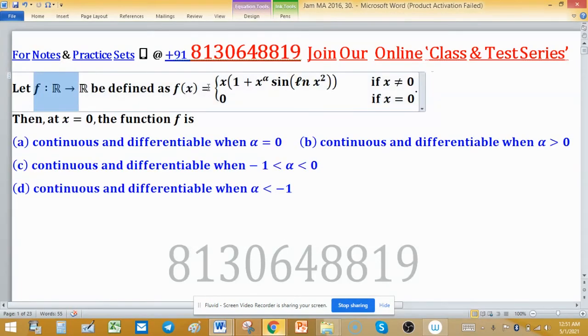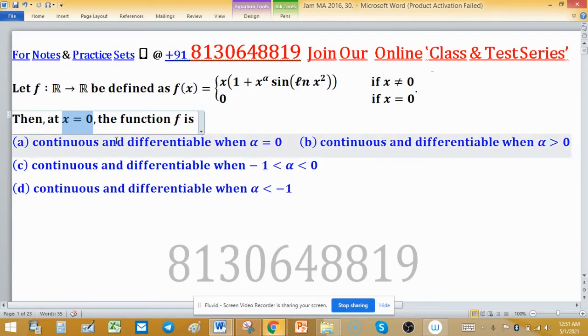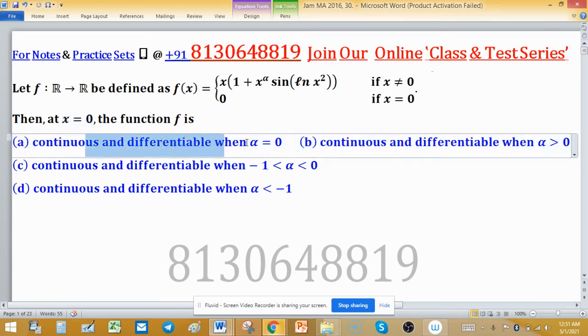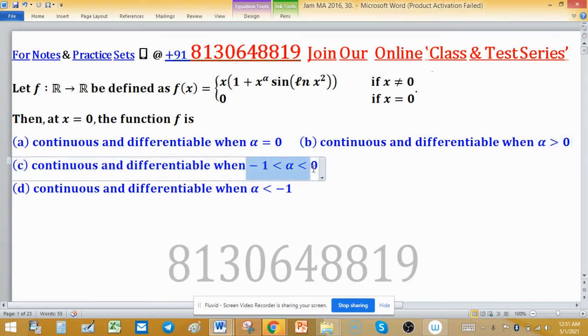Let f be a function defined as this. At x equal to 0, the function f is continuous and differentiable when alpha is 0, continuous and differentiable when alpha is positive, continuous and differentiable when alpha lies between -1 and 0, continuous and differentiable when alpha is less than -1.